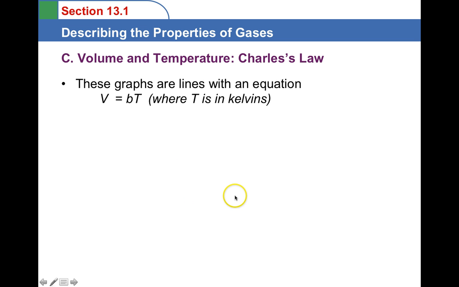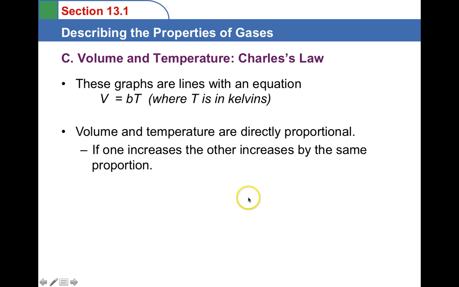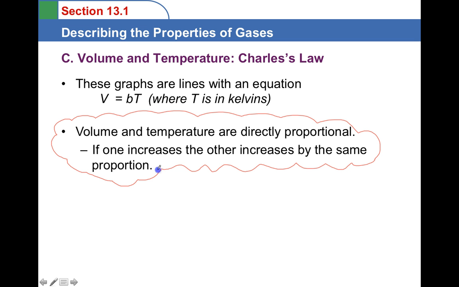Volume and temperature are directly proportional. If one increases, the other increases by the same proportion. And again, just like Boyle's law, I don't care if you remember that it is Charles who did this. Jacques Charles.